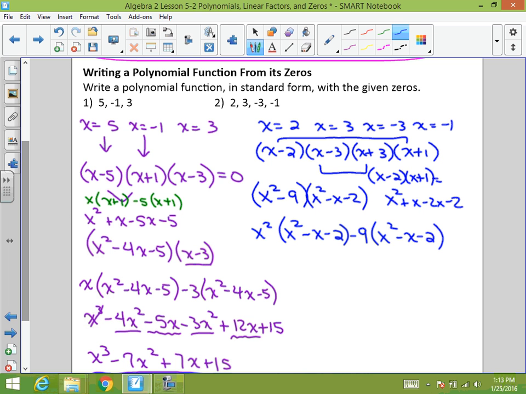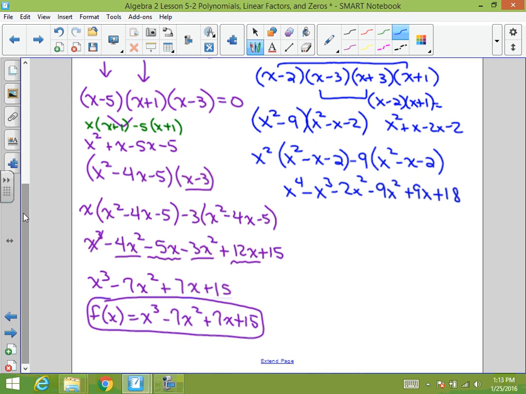So when I multiply, I get x to the 4th minus x to the 3rd minus 2x squared minus 9x squared plus 9x plus 18. Now I'm going to simplify. Notice the better you are at multiplying, the faster these will be.